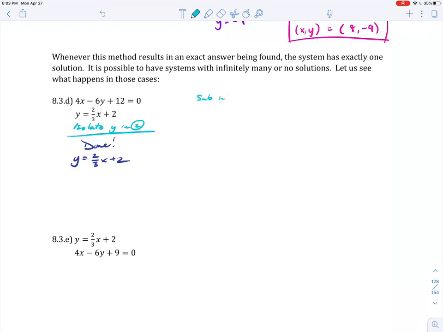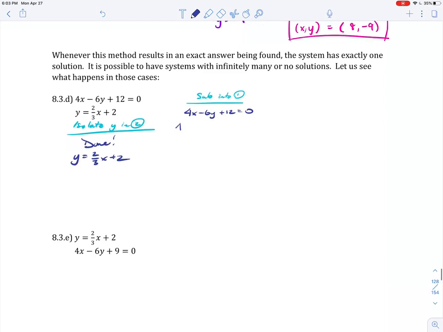So moving on to the step where I sub that into equation 1. Equation 1 says this stuff, and I'll replace that y with 2/3 x plus 2.